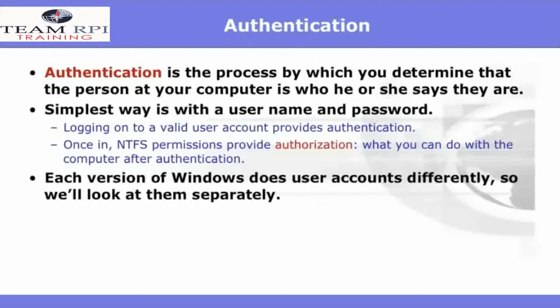Authentication is the process by which you determine that a person at your computer is who he or she says they are. The simplest way is with username and password. Each version of Windows does user accounts differently, so we'll look at them separately.